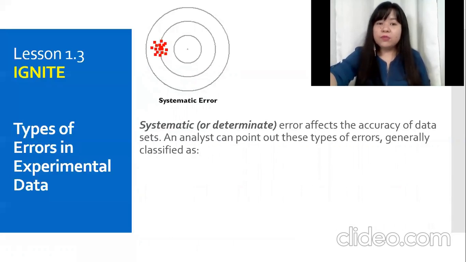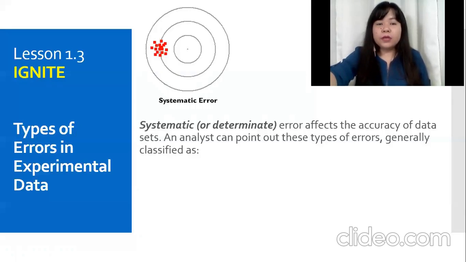Okay. Next, we move on to systematic or determinate errors. From the word determinate, it means that the analyst can point out these types of errors, and these affect the accuracy of data sets. So this is when, as I said, you are doing something consistently that makes your readings consistently high or consistently low.